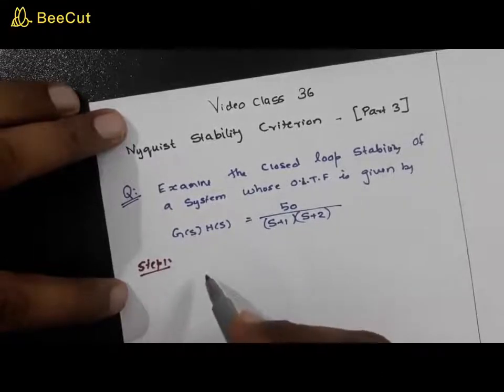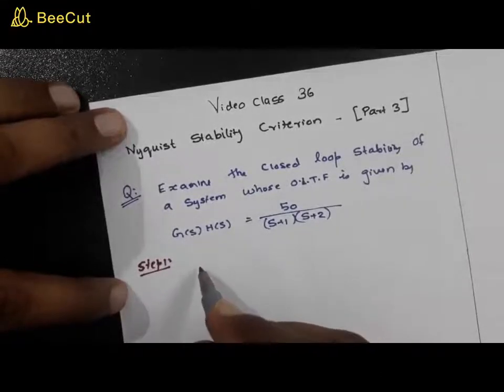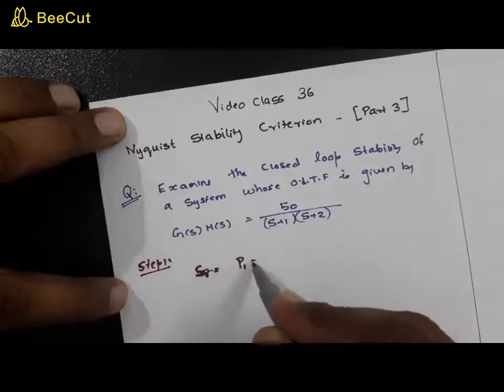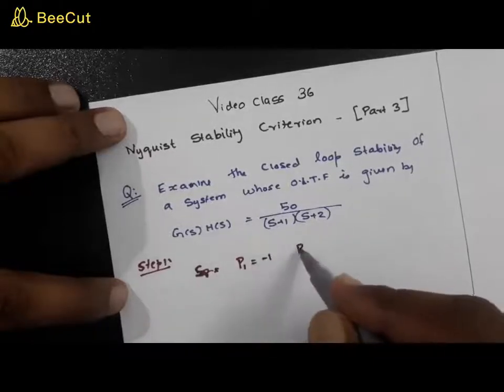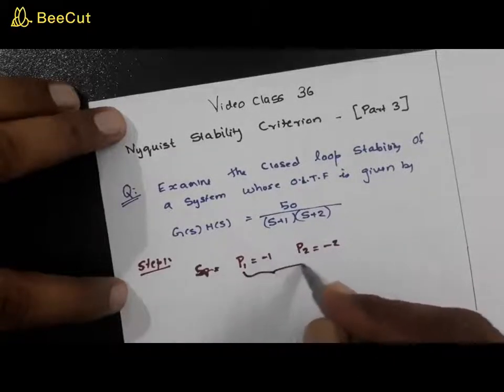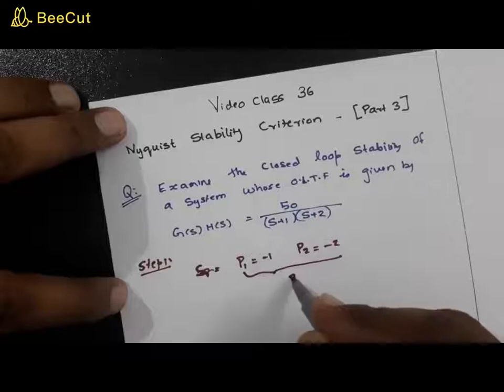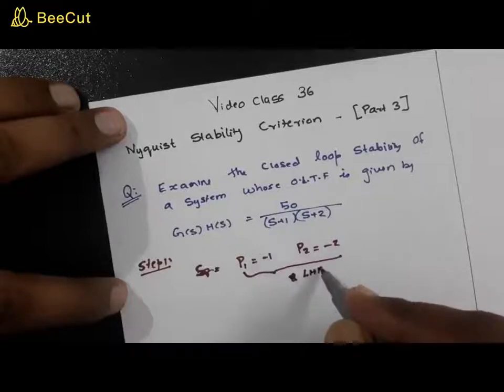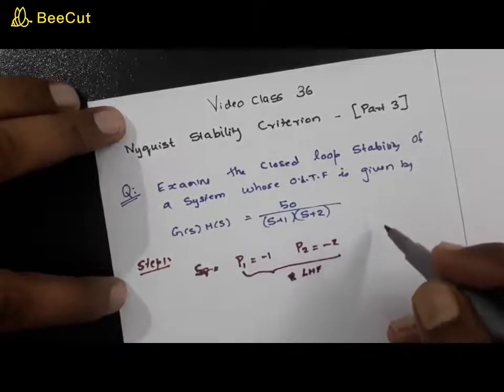So here you can see that you have poles, call it as p1 is equal to -1, p2 is equal to -2, and we have seen this, none of these poles are right half poles, right? These are all left half poles. So what can you say about the P plus?